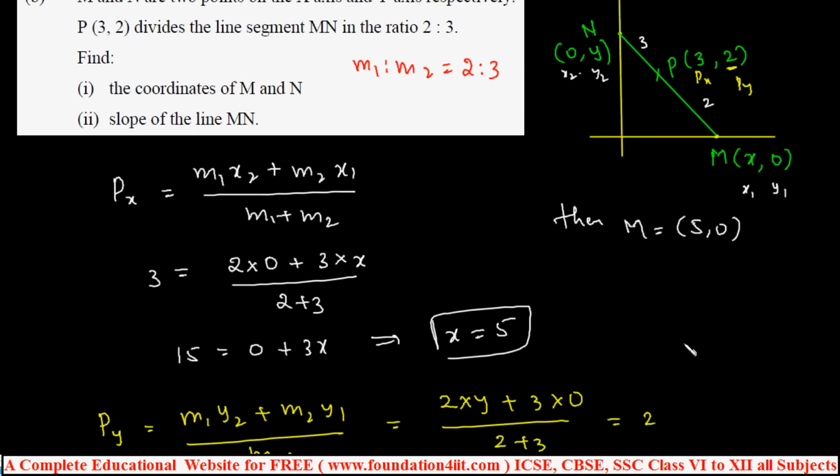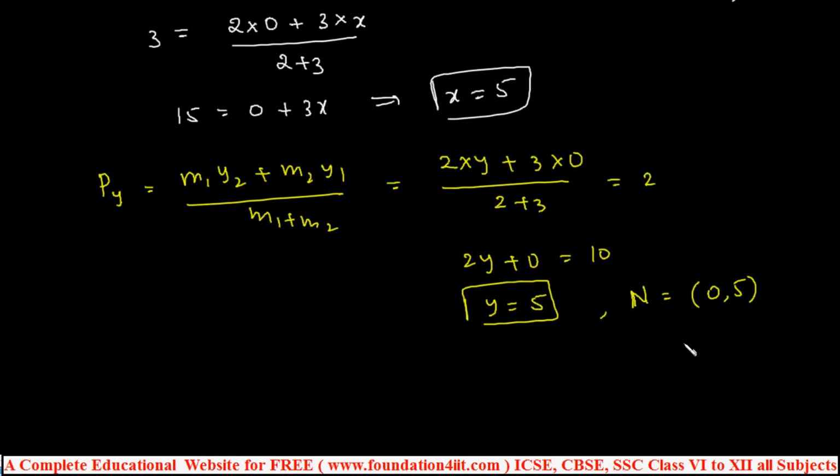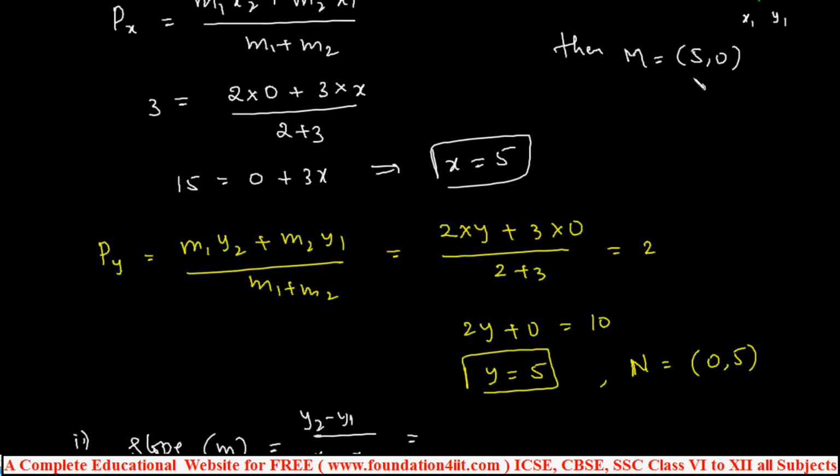Right? Again, one more is the slope of the line MN. Slope we can calculate now. Then the slope formula will be denoted with m: y2 minus y1 by x2 minus x1. So in MN, let M be x1, y1 and this be x2, y2.